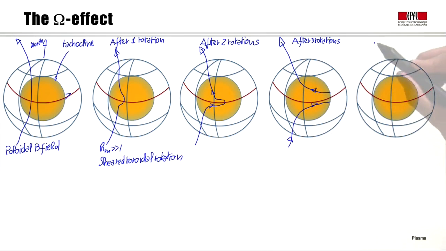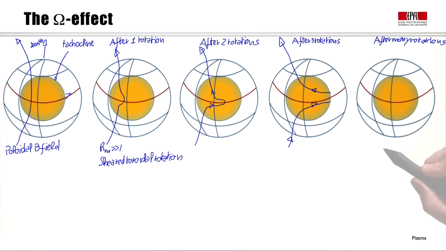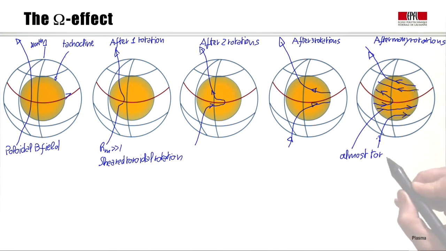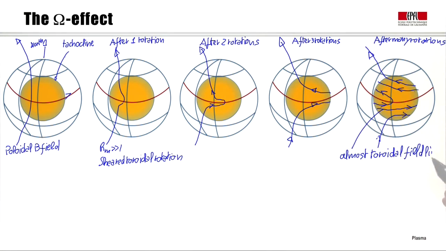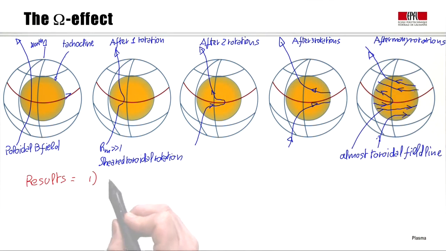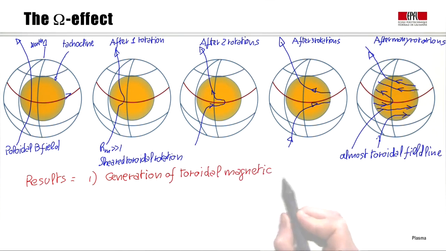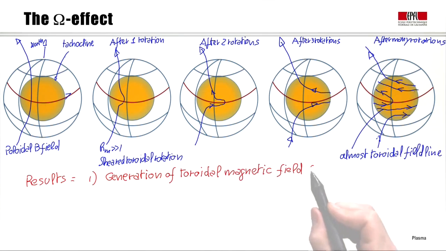After many rotations, the magnetic field lines will look like this one, where the original poloidal magnetic field is now transformed into a magnetic field line which is almost completely toroidal near the equator. So the first result of this process is that a toroidal magnetic field is generated from a poloidal one.